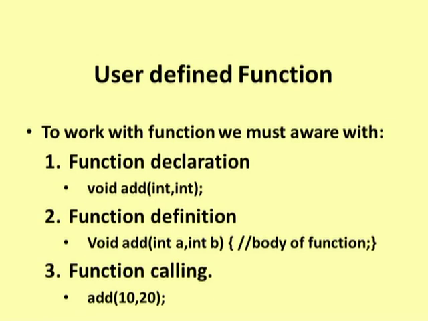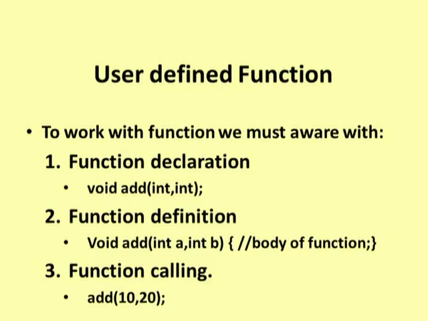Clear? The next point is function definition. This is a very important point. Function definition means we have to write the return type, then the name of the function, and within the braces I mention int a, int b. So the function will take two parameters, and the parameter variable names are also mentioned, that is a and b.